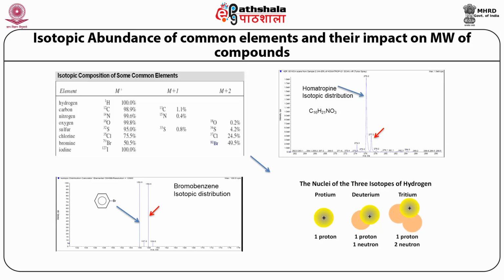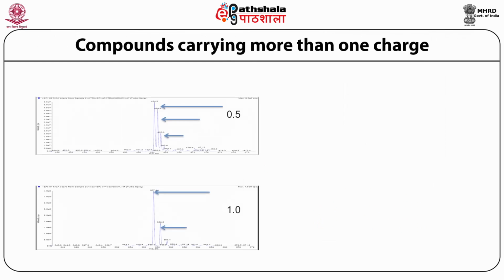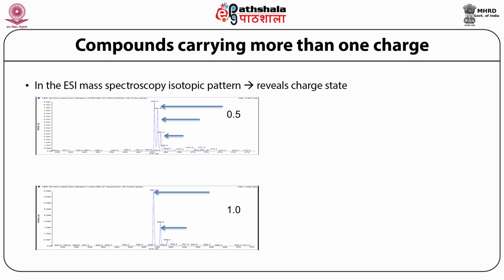This isotopic distribution pattern is a unique identifier of the charge state, and the charge state is very important in determining the molecular weight of high molecular weight compounds like proteins. As I told you, the isotopic pattern is very important for determining the charge state, so let me explain how in this slide. In ESI mass spectroscopy, you get an isotopic pattern.